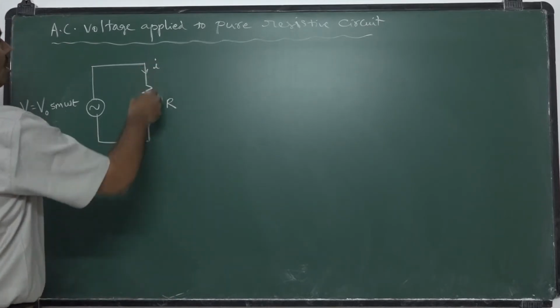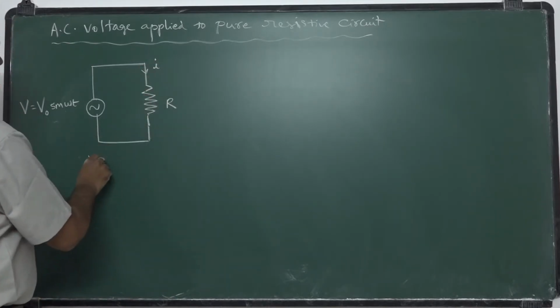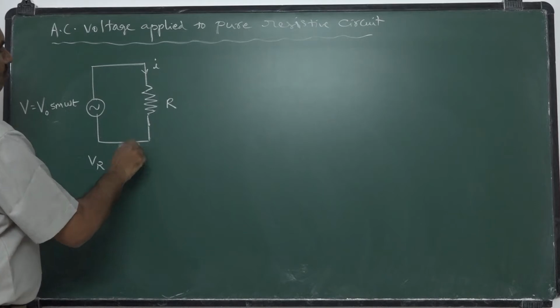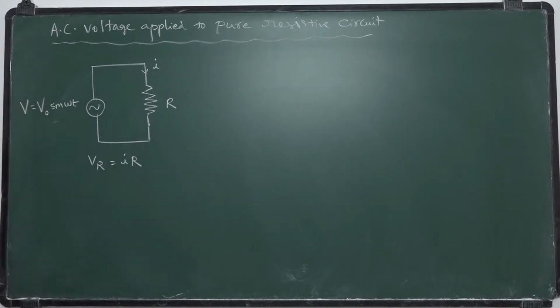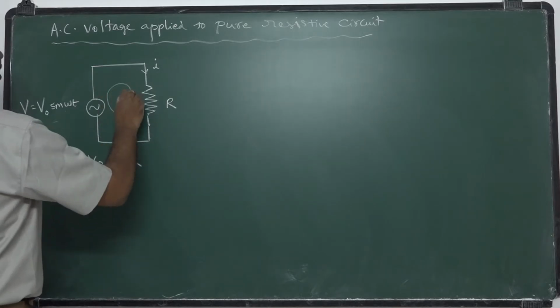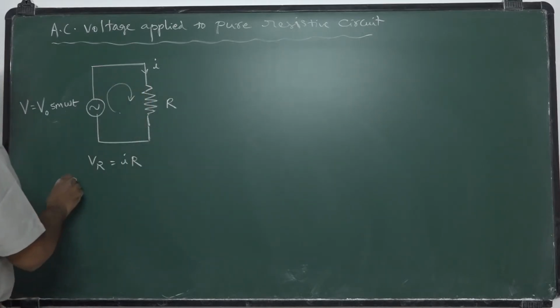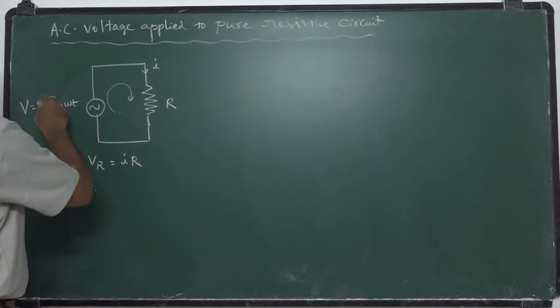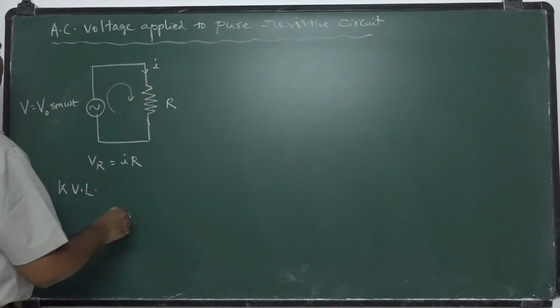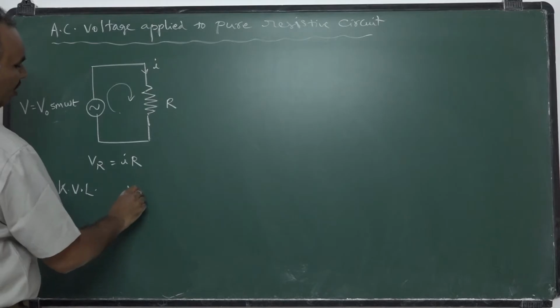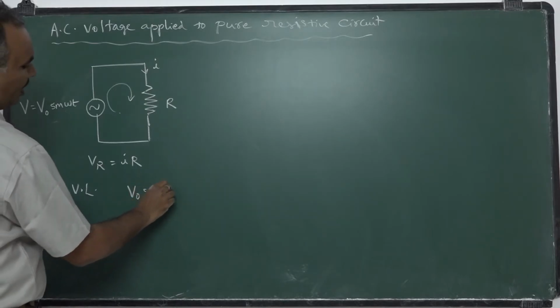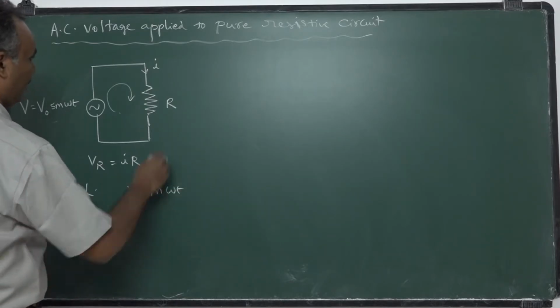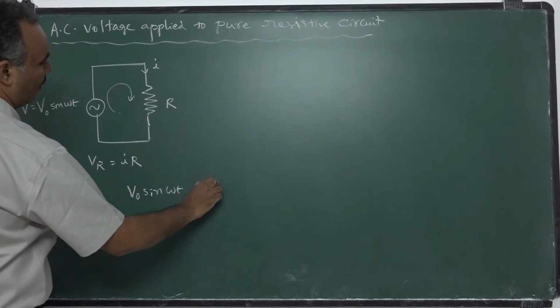Then the voltage drop across the resistor is given by IR. If I apply Kirchhoff's voltage law here, according to KVL, this voltage and this voltage, their algebraic sum must be 0. That is V naught sin omega t, and here the voltage drop is IR.